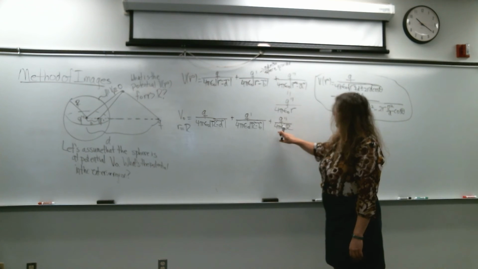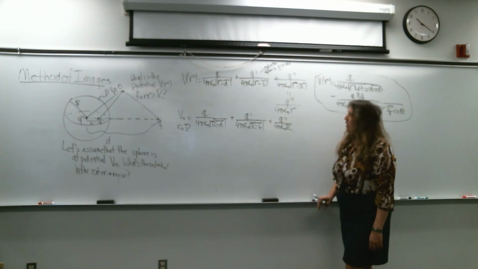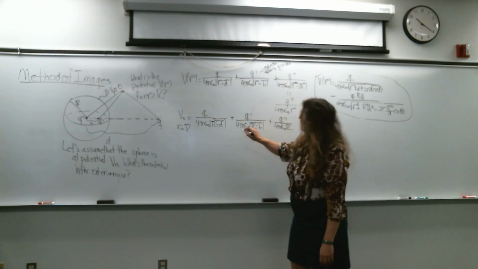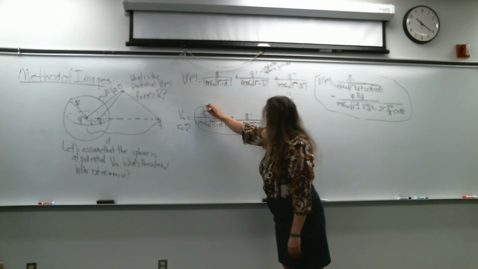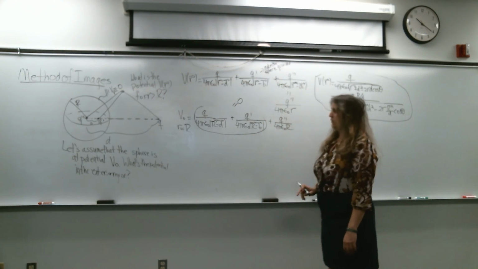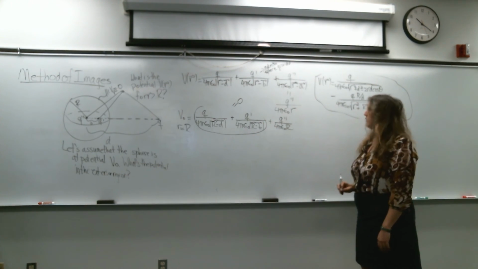So it's q double prime over 4 pi epsilon naught big R. Well, I already solved this problem so that these two terms vanish at the surface of the sphere. That was precisely the problem we solved before.